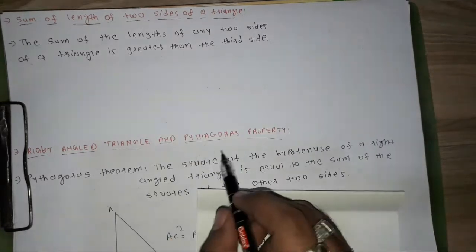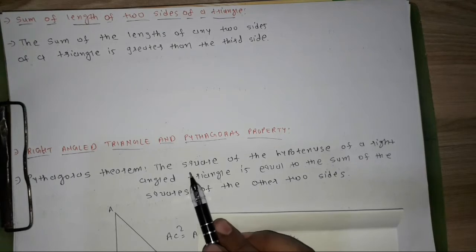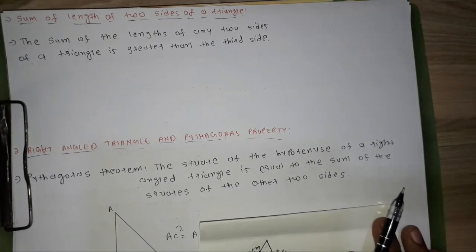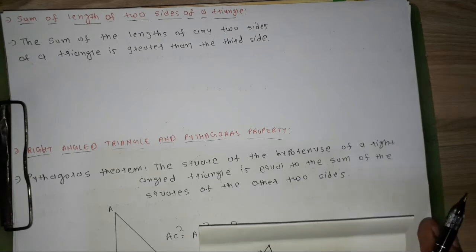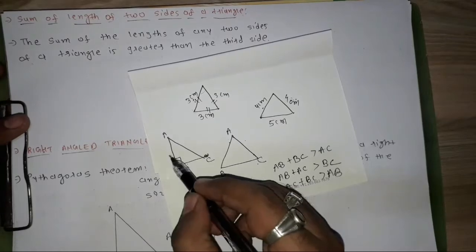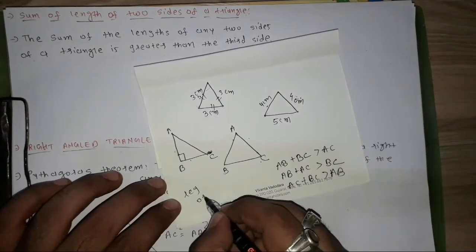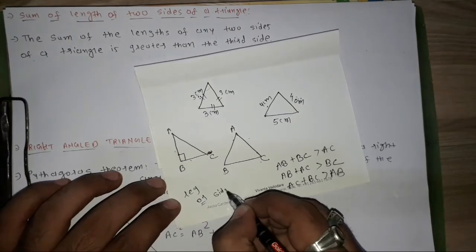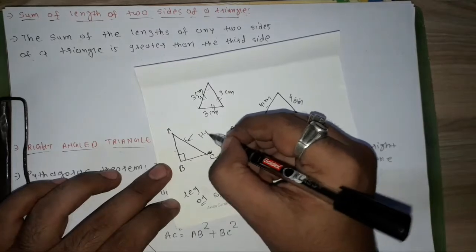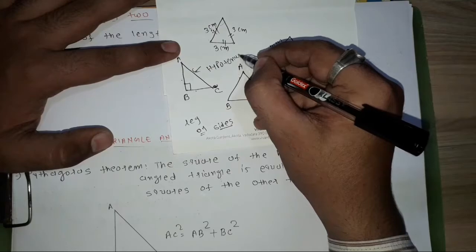Now the next one is the Pythagoras theorem. The square of the hypotenuse of a right angle triangle is equal to the sum of the squares of the other two sides. In a right angle triangle, these two are our legs or sides, and this AC is my hypotenuse.